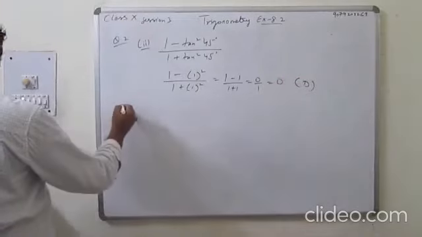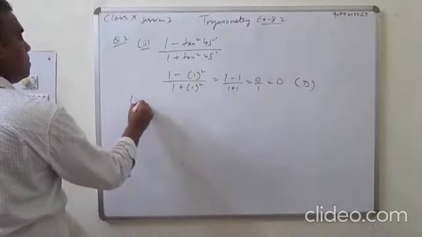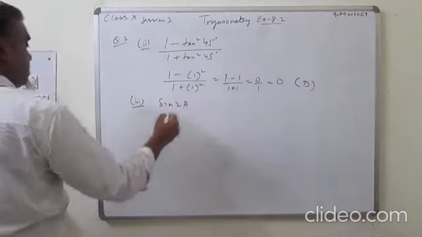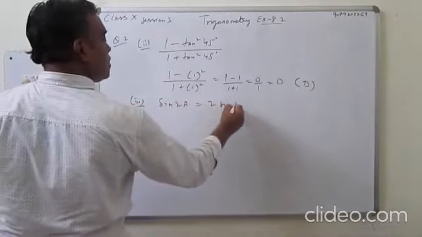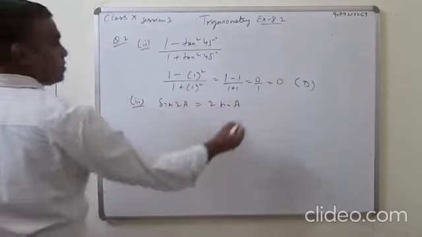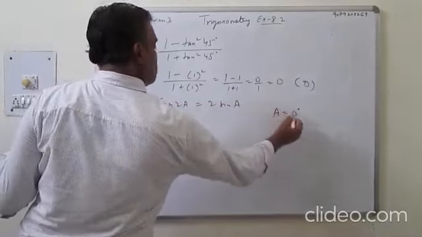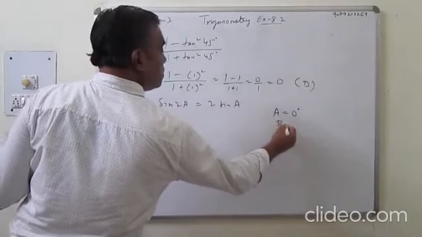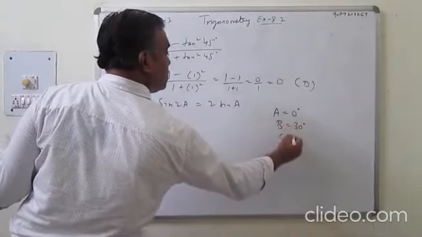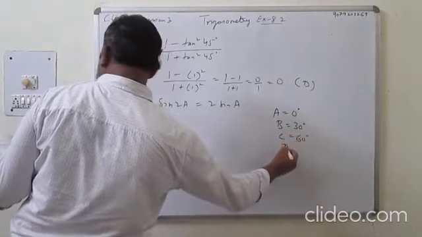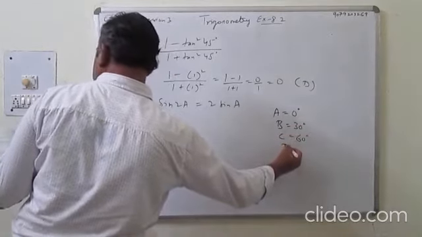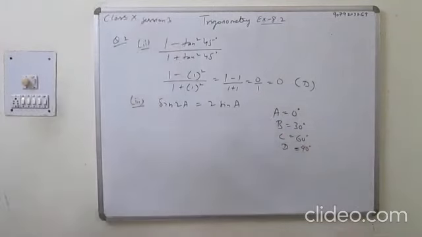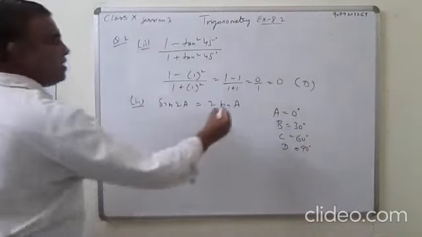Now third part: sin 2A is equal to 2 sin A. So the options are 0, 30, 60 and D, suppose it is 90. Now I will take A equal to 0.